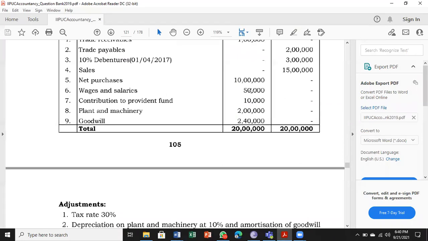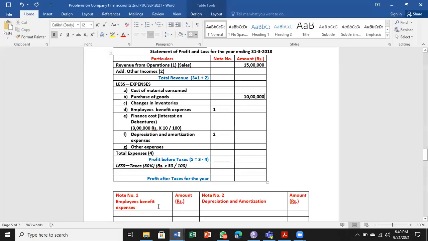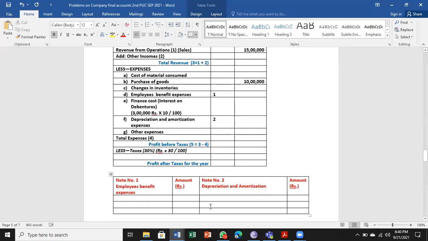wages and salary belongs to employees. Contribution to provident fund, to employees. So there are two amounts connected to employees. So we have to go for one note. So I'll go for note number 1. First one, wages and salaries to employees, 50,000.